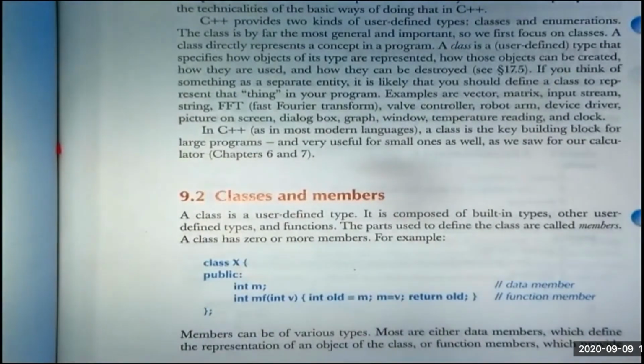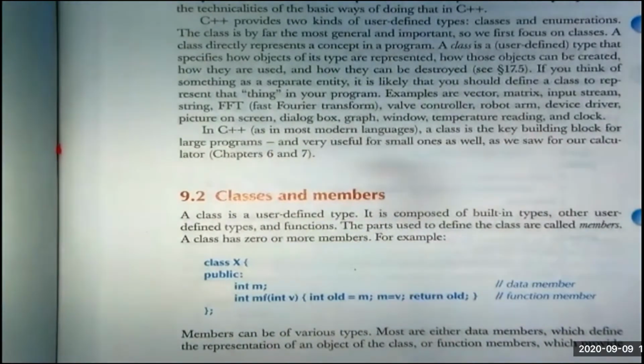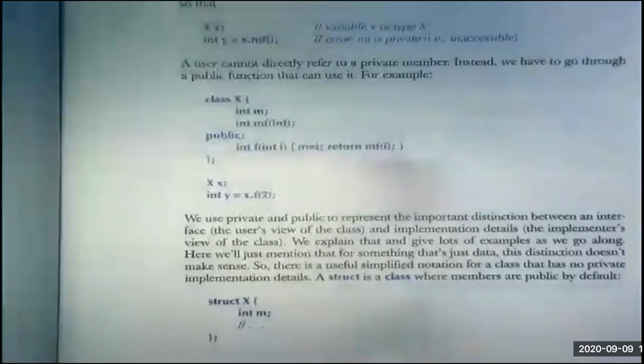Outsider meaning the client or the code that's using our class. So it's less about hacker security and more about how we only expose to the users the particular variables and functions that they actually need, and the internal guts stay hidden behind a private wall.